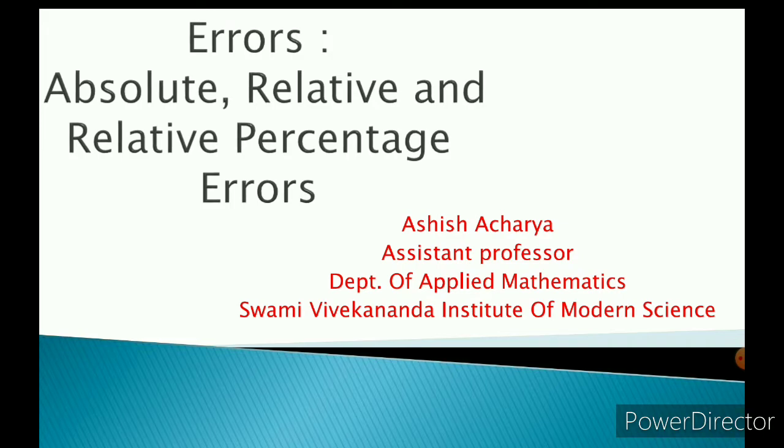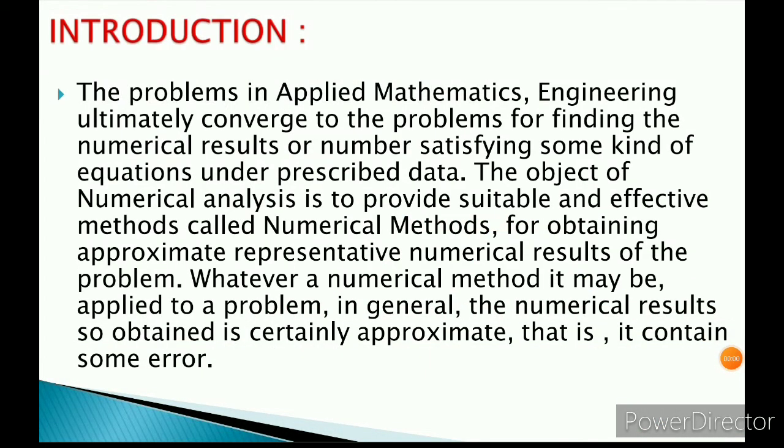In this video, we are going to discuss absolute error, relative error, and relative percentage error in numerical analysis. The problems in applied mathematics and engineering ultimately converge to the problems of finding numerical results or numbers satisfying some kind of equation under prescribed data.